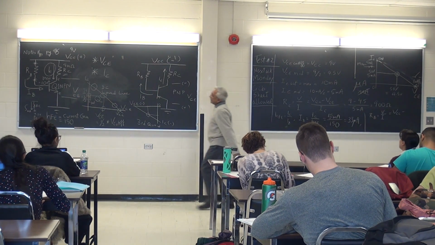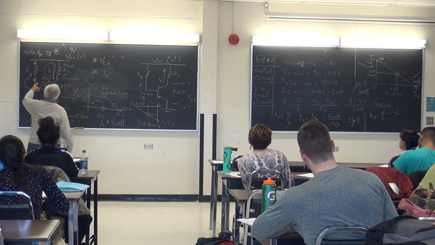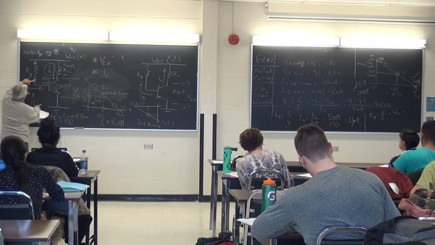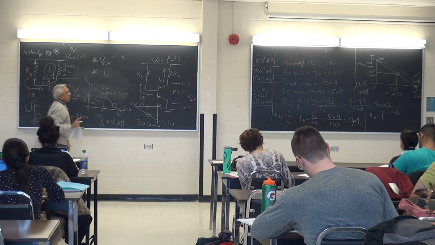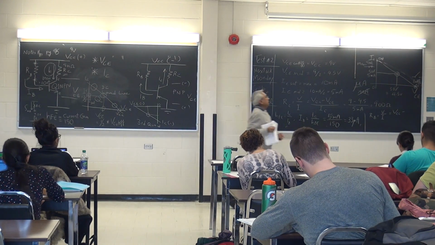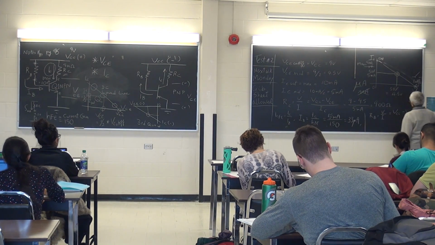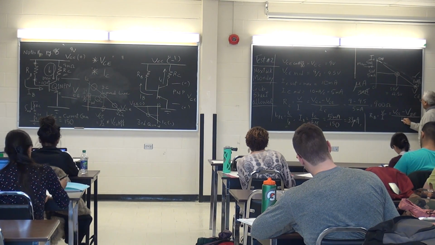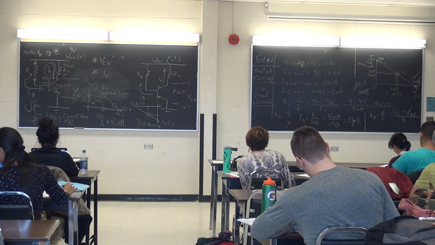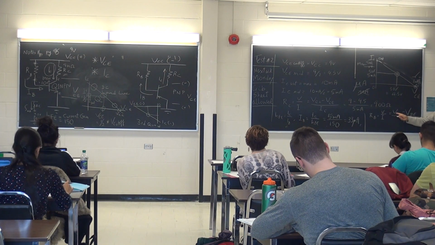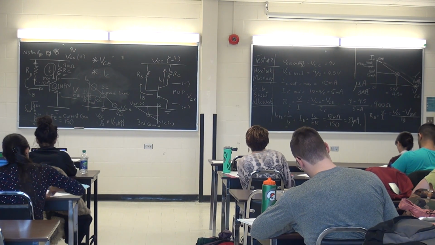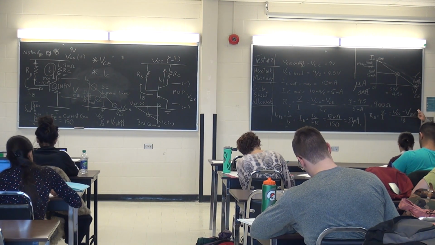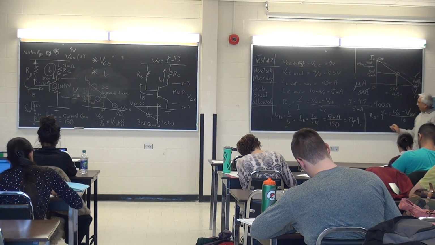What about the voltage at the bottom, right here? That voltage is the voltage across the base to emitter. So VBE divided by IB. Everybody see that? This is 9 volts, which is the voltage on one side of the resistor. VBE is the voltage on the other side of the resistor.